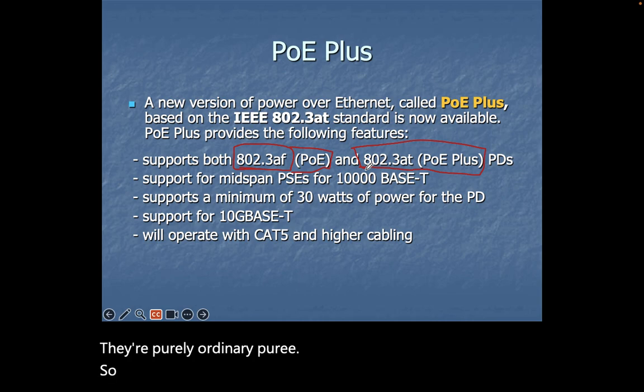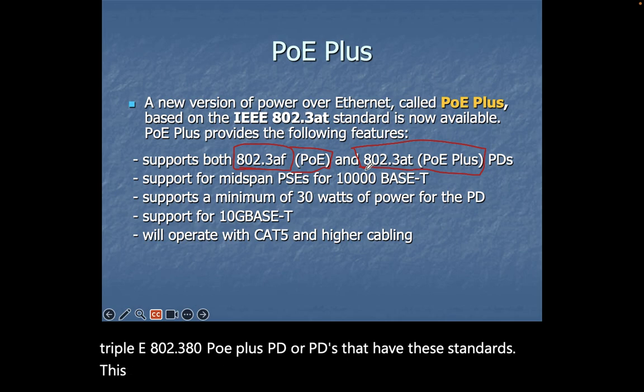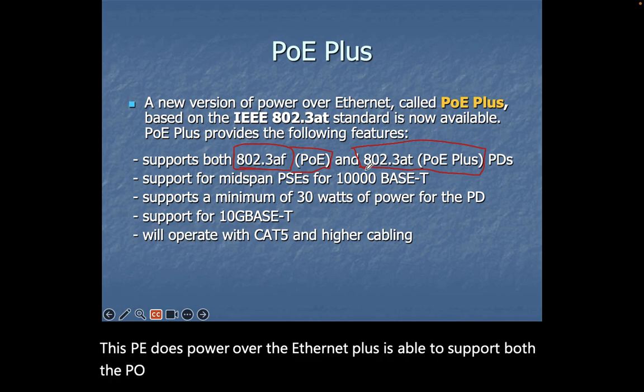It's able to support both the IEEE 802.3af PoE and IEEE 802.3at PoE plus PDs. All PDs that have these standards, the PoE plus is able to support both the PoE and PoE plus of these standards.